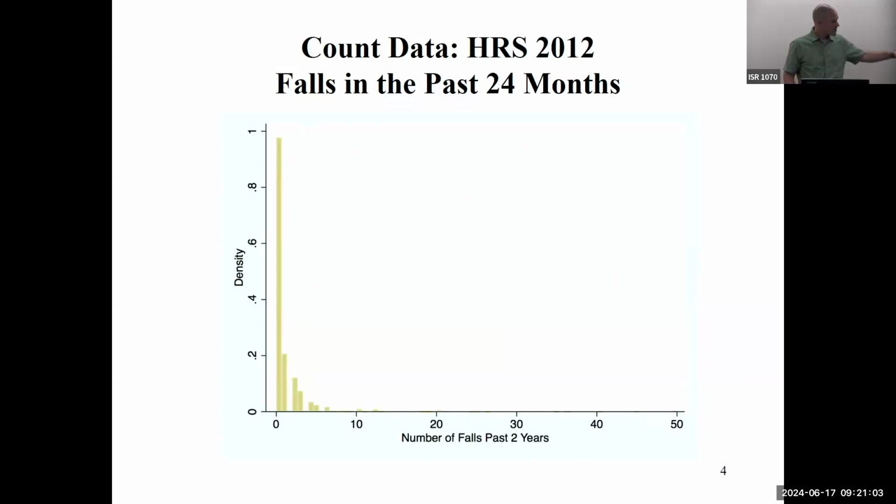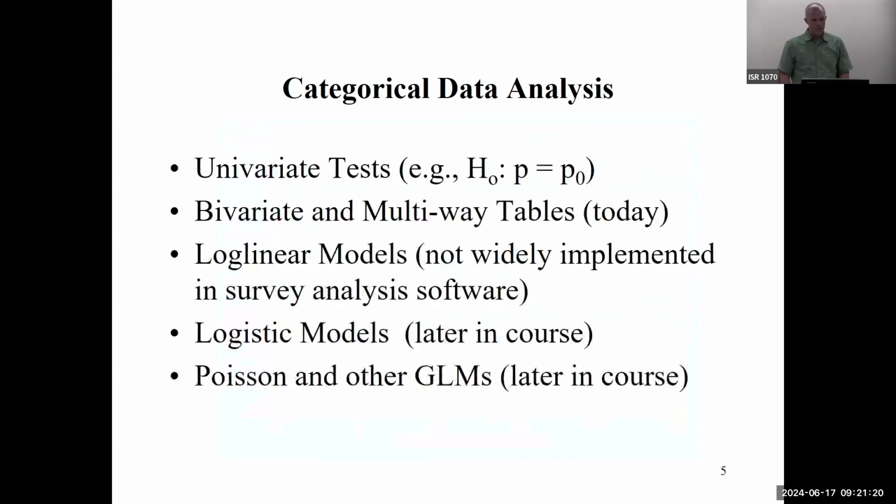You can see there are a small number of cases that have a large number of falls over the past 2 years, but the vast majority are 5 or less in this particular case. So again, it gives us a sense of what's happening in the overall population and potential injury risk with this elderly population. Okay, so graphics, remember, always think about showing weighted plots, especially if you're reporting weighted estimates, so those are consistent with each other.